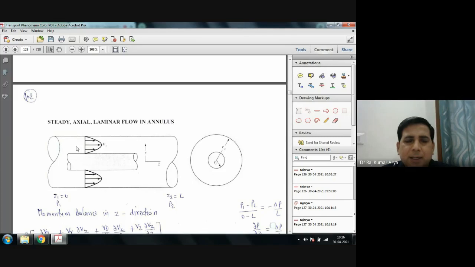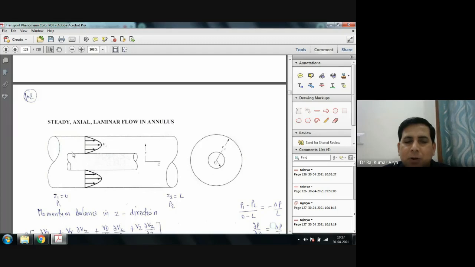So this is the case where you have steady axial laminar flow in the annulus. In the case of the inner pipe, your expression would remain the same as in the previous one. There would be no change as long as this fluid is not in contact.